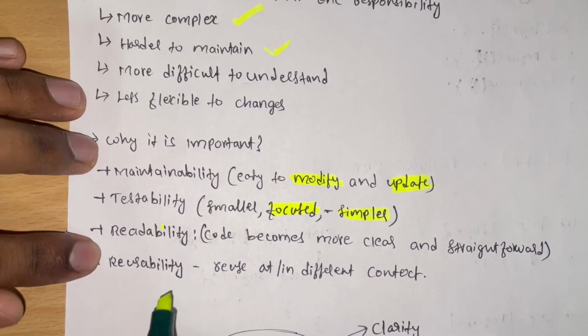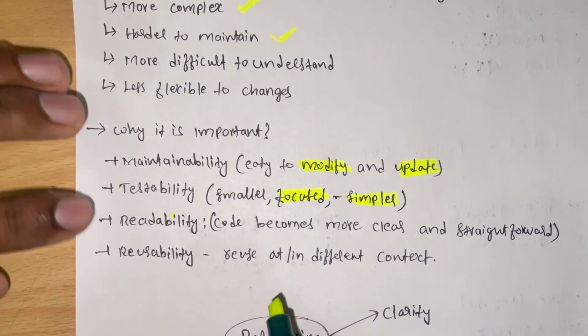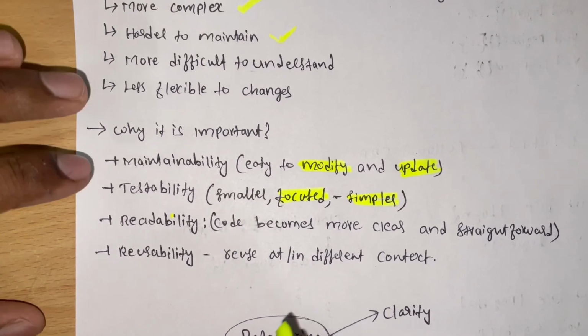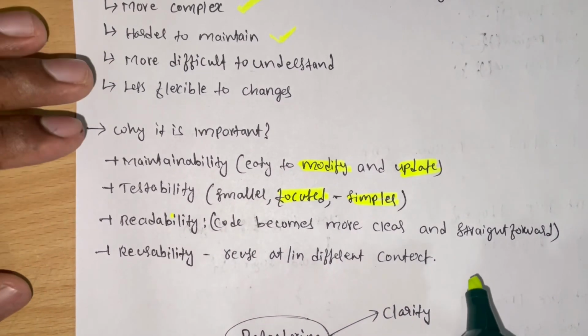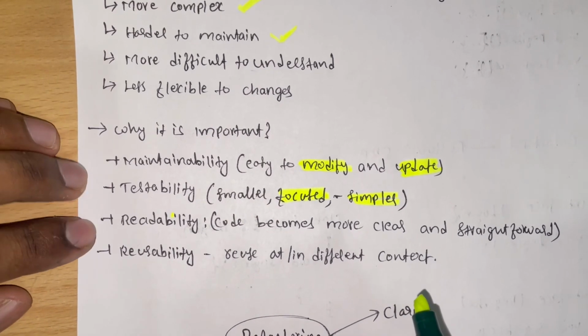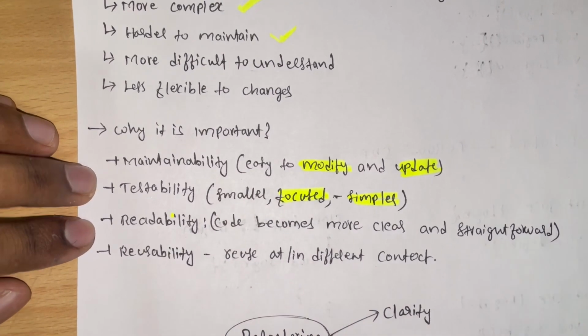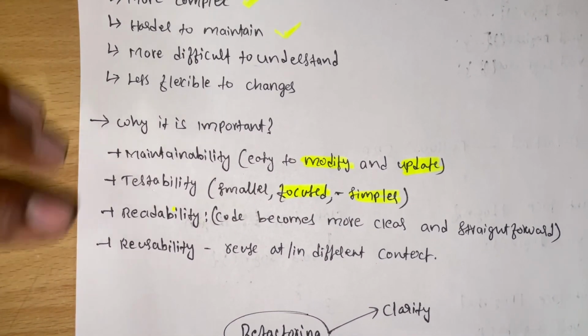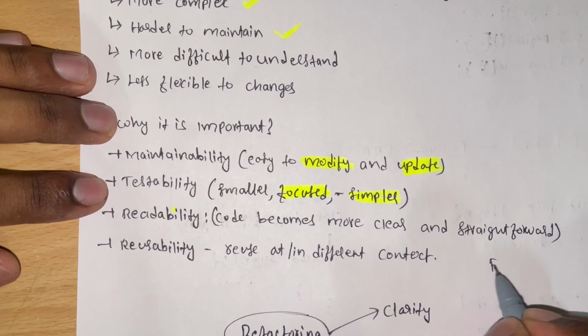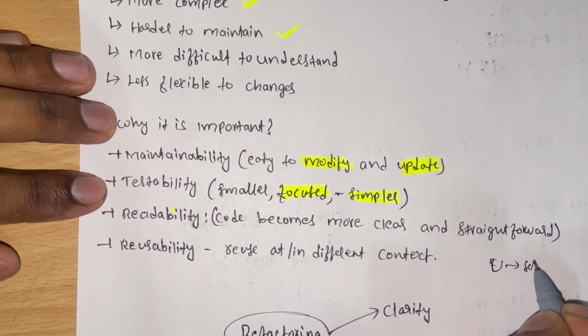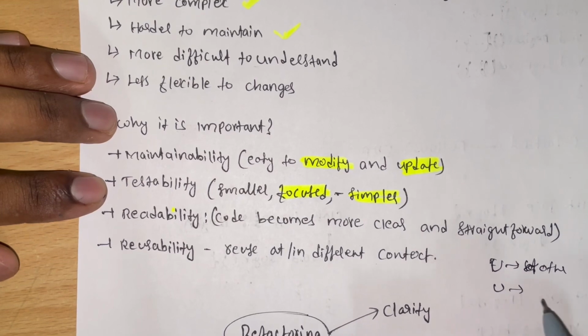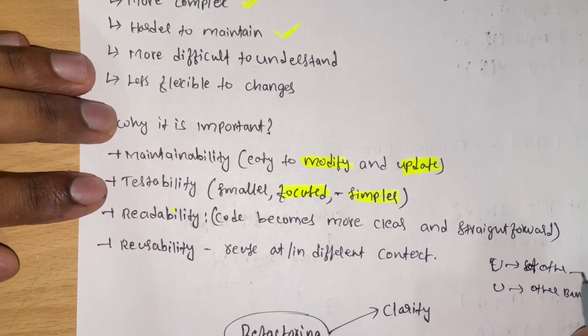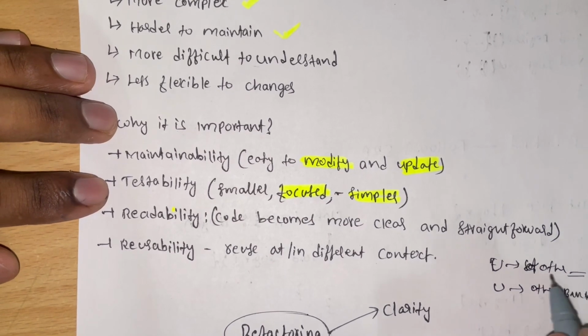Now we have reusability. You can write it once and use it multiple times in different contexts. For example, consider a bank application with a transaction from you to yourself, you to another person, and you to another bank. This could be with a UPI ID, whatever it could be.